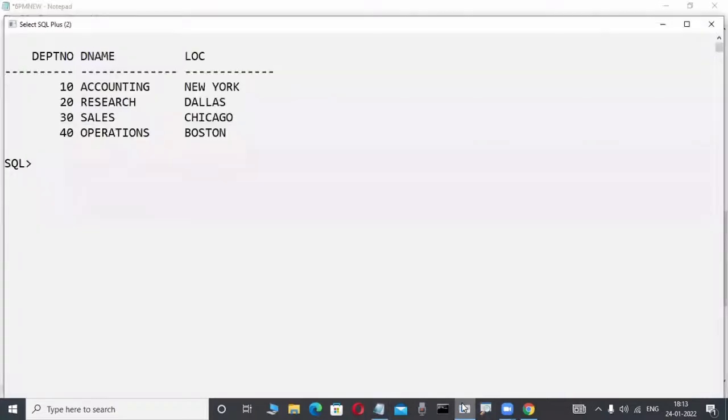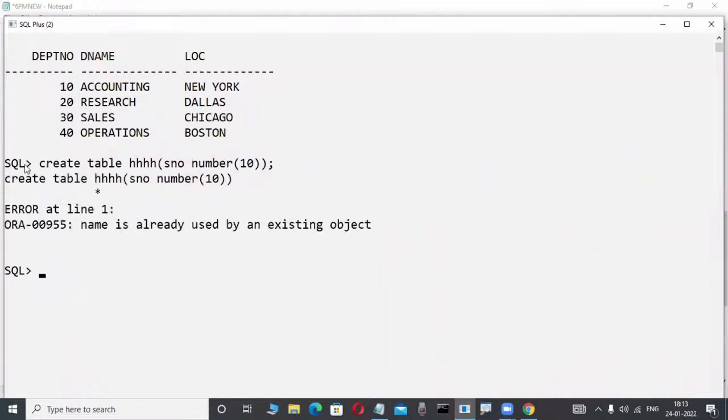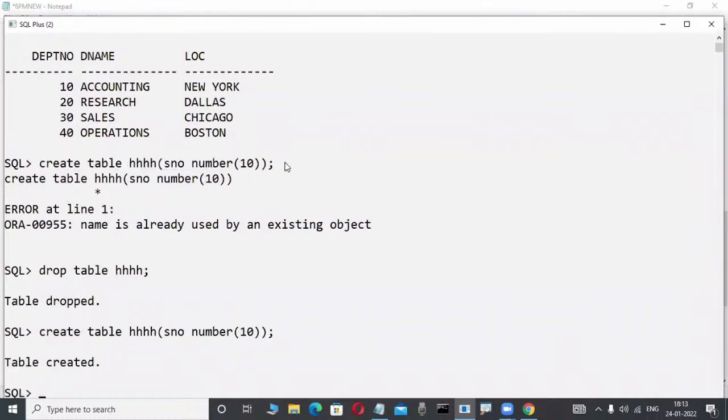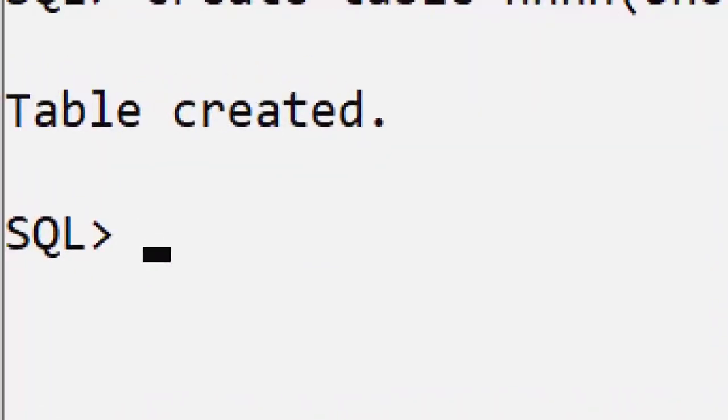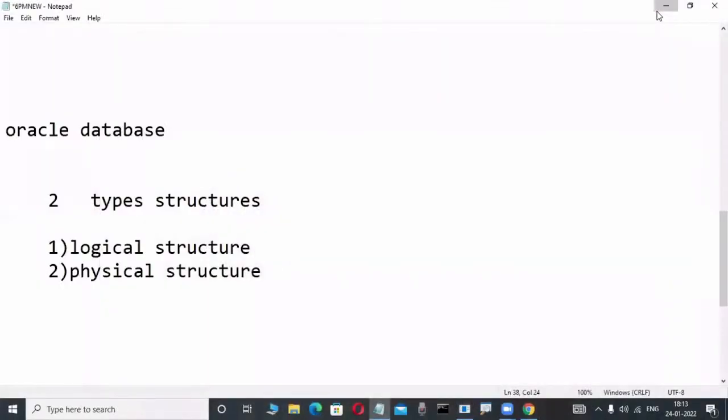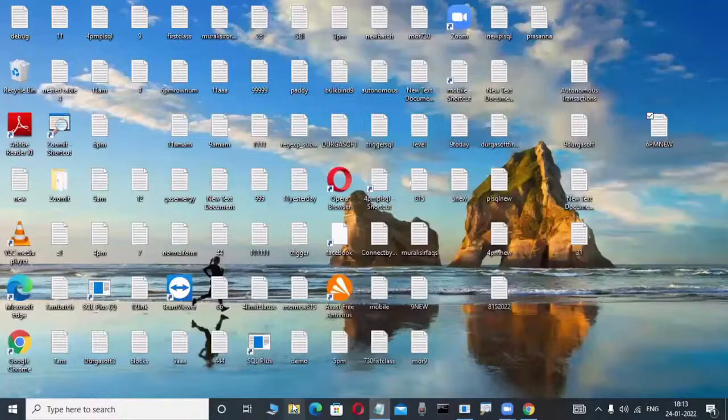Suppose you are creating a table or anything in your database, for example. Whenever I'm creating a table here, observe: this is not visible in the operating system.